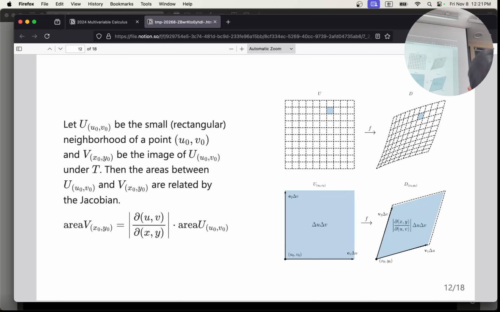Integration by substitution is usually useful when you try to find the exact value of an integral. But as I said, the point of doing the integration is getting the value. It doesn't matter whether you get the exact value or an approximate value. As long as you get the number, then it's fine.